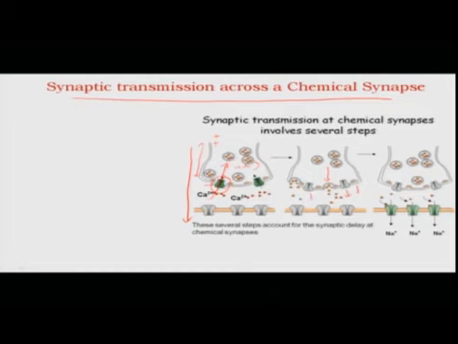Now, these neurotransmitters will bind to the postsynaptic cell membrane because there are certain receptors present on the postsynaptic cell membrane which are recognized by these neurotransmitters. Now, these neurotransmitter receptors can also be ion channels themselves. So, these are again gated ion channels, but they are not voltage gated. They are gated by ligands or things that can bind to them.